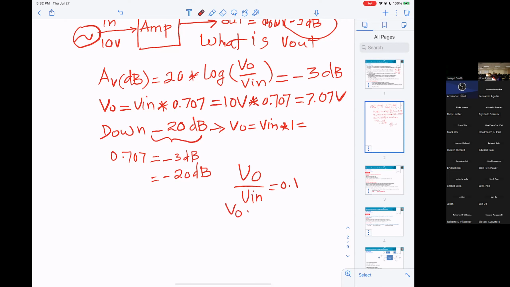So V out is 0.1 times V in, 0.1 times 10, 1 volt. Okay, so basically minus 20 dB is equivalent to 0.1.